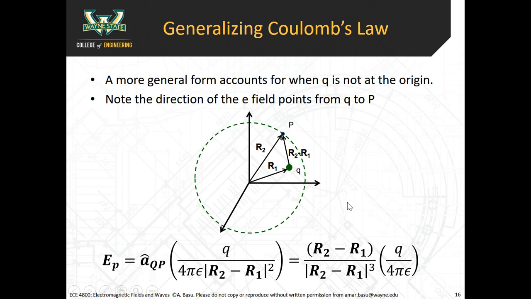R2 minus R1 is a vector that points from Q to P. That's the key thing here. So you have R2 minus R1 divided by the magnitude of R2 minus R1 cubed, times Q over 4 pi epsilon.